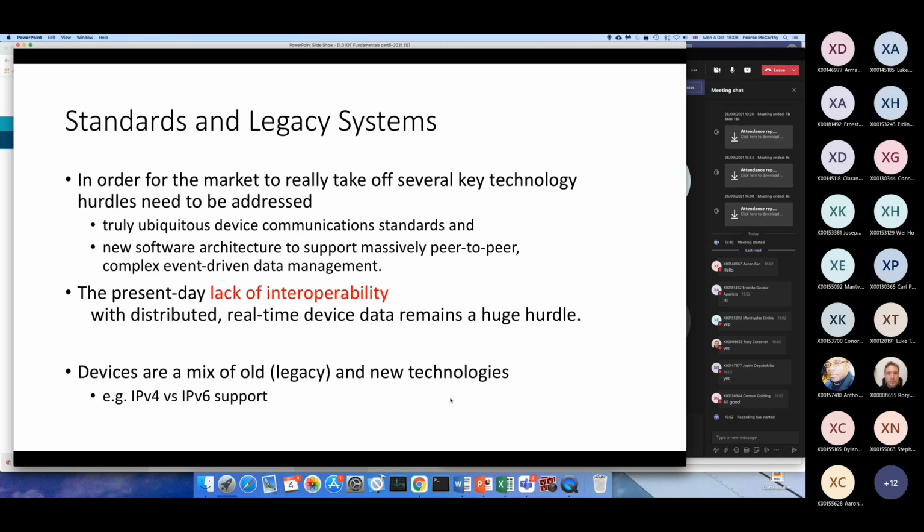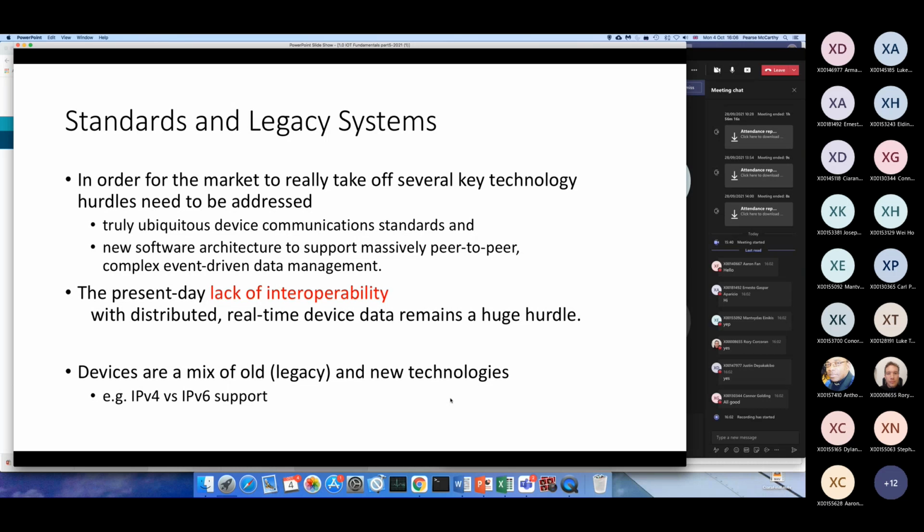Standards. What does it say here? In order for the market to really take off, several key technology hurdles need to be addressed. If you want your thing to scale, you need it to be ubiquitous, which means everywhere. You need standards for communications; as I say, you can't base it on a non-standard. And we need a new software architecture.